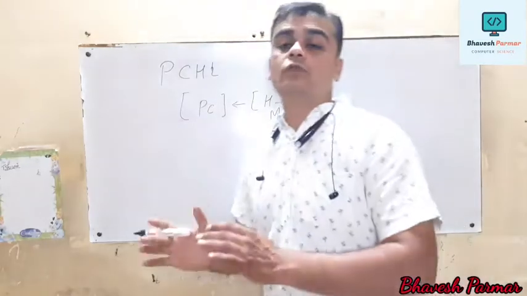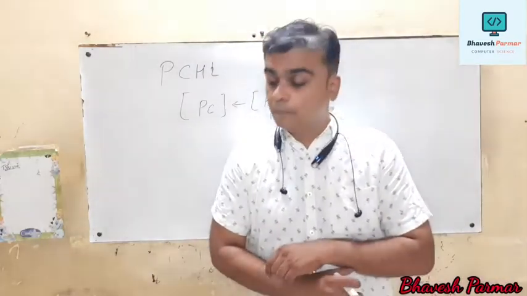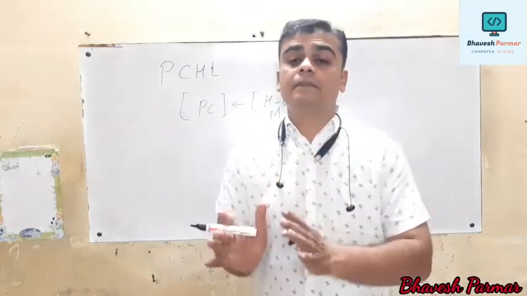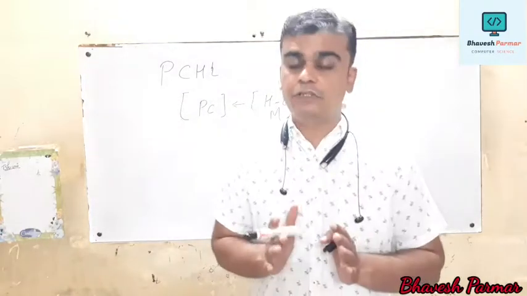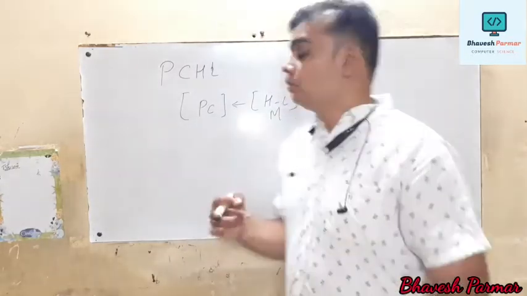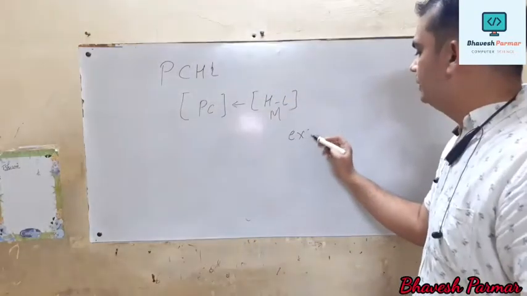Especially, PCHL is given, so we can directly write that the given instruction belongs to implied or implicit addressing mode, and it is related to the branching group instruction. It is a 1 byte instruction, and in case of flags, no flags get affected. So how does it work? I will show you with an example.